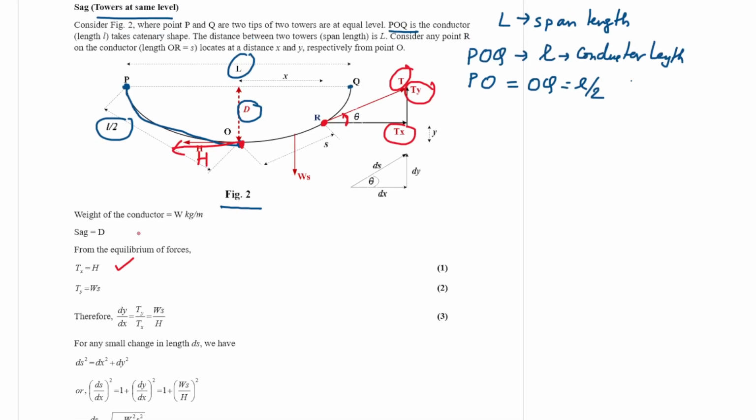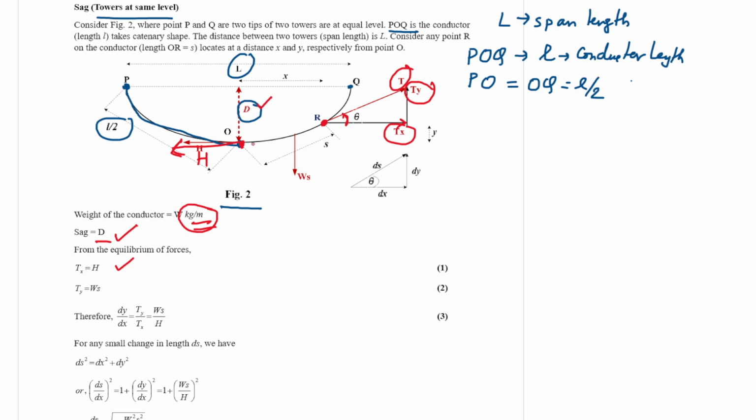I have already mentioned that the weight of the conductor is to be taken in kg per meter, and sag is D, that is, this vertical distance.